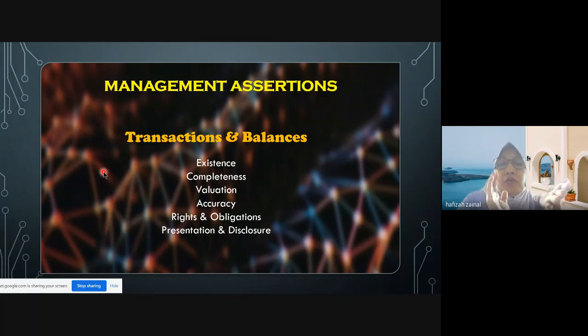There are a few assertions: existence, completeness, valuation, accuracy, rights and obligations, presentation and disclosure.